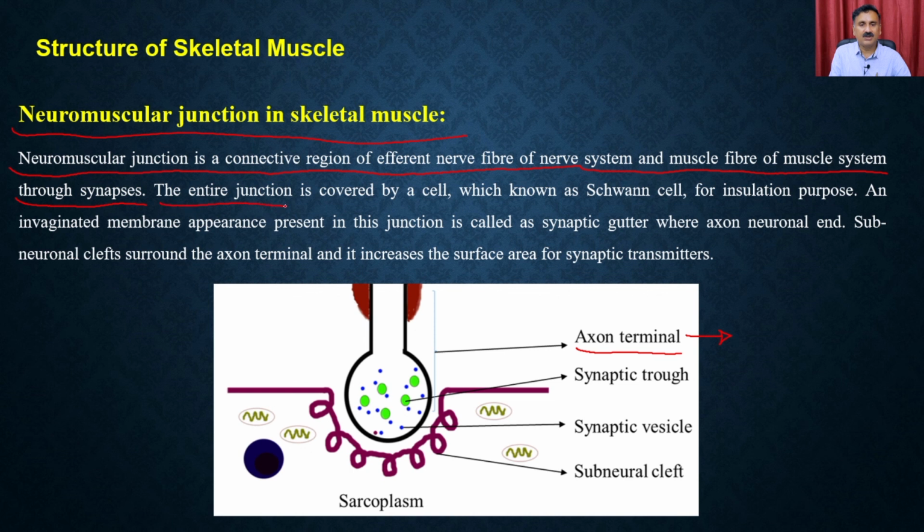The entire junction is covered by a cell called the Schwann cell for insulation purposes, right. So, the Schwann cells are present here, and these Schwann cells make the whole synapse insulated. An invaginating membrane present in this junction is called the synaptic gutter, where the axonal neuron ends, the subneural cleft around the axon terminal, and it increases the surface area for the synaptic terminus.